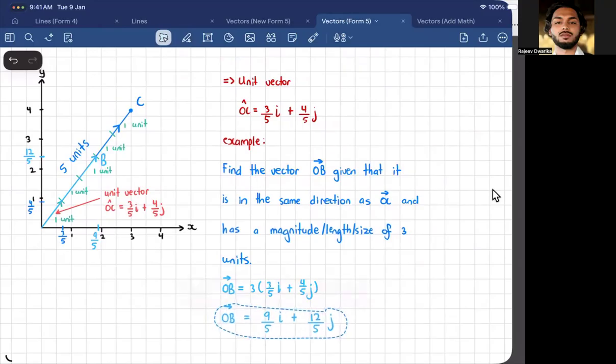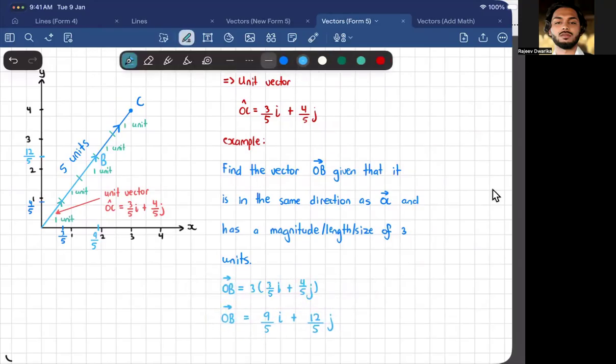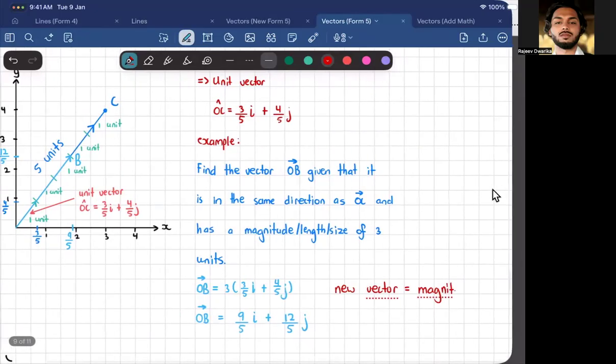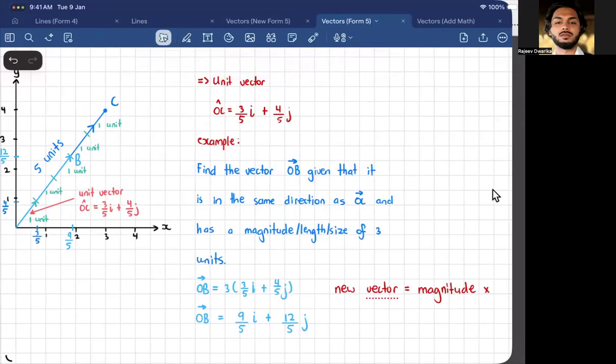So the basic concept is, if you want to find a new vector, all you have to do is take the magnitude and multiply it by the what?